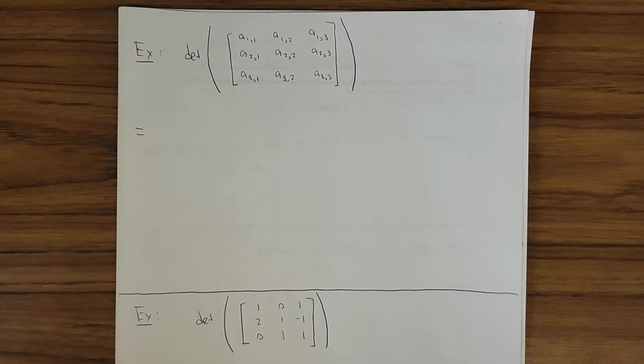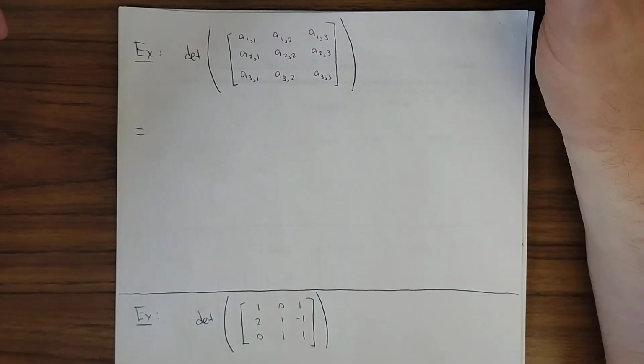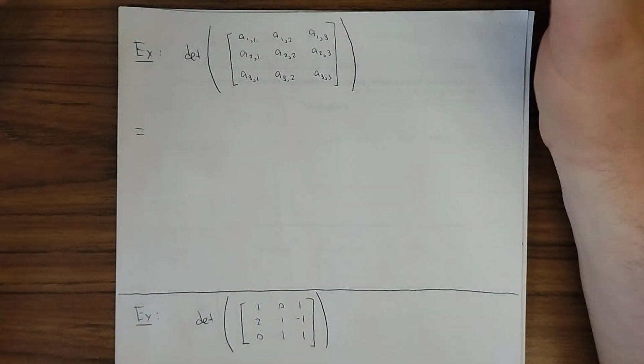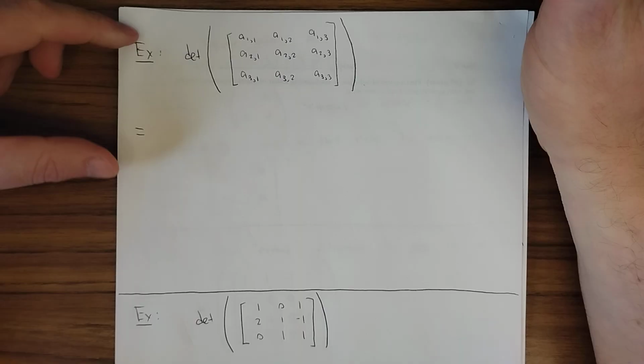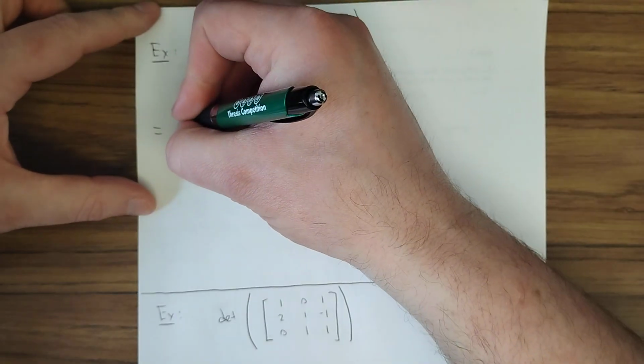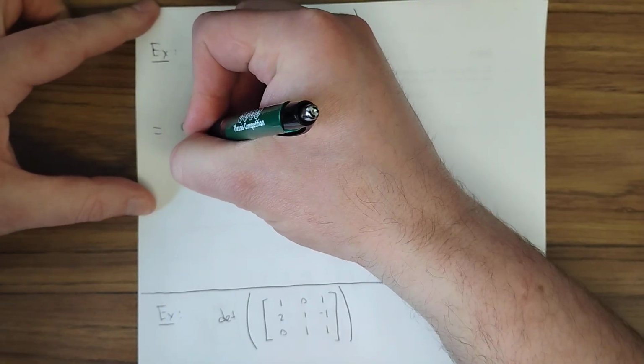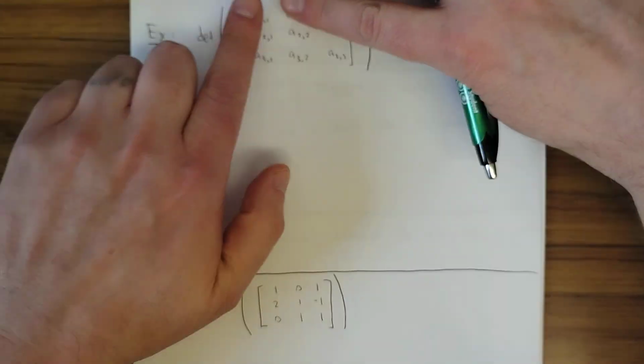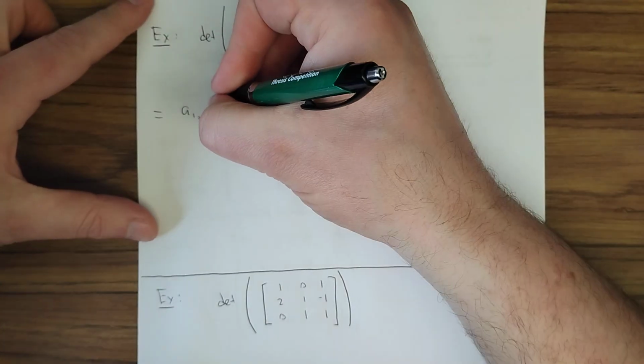All right. So let's do a 3x3. I'll use the definition. I'll try to go a bit faster. So it's A11 times the determinant of this matrix.